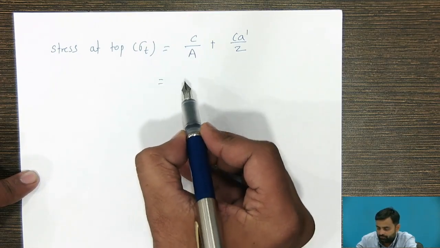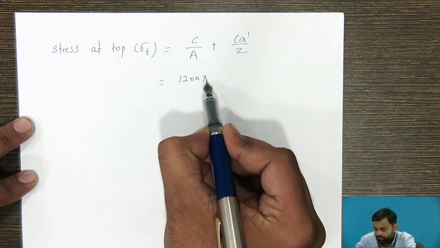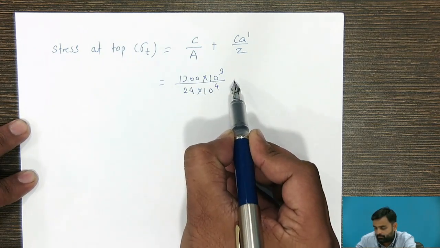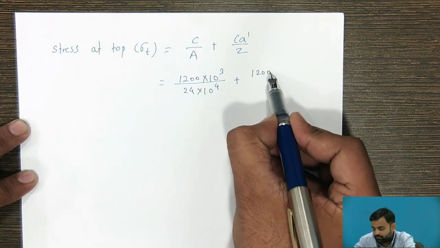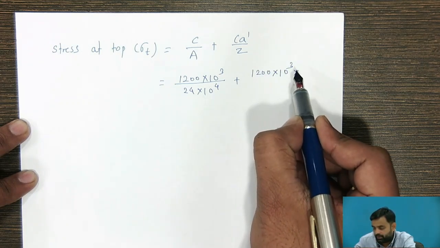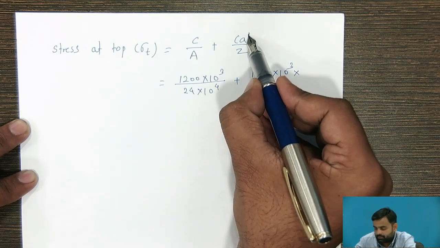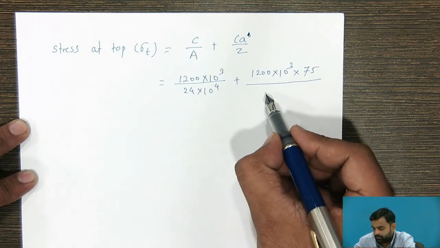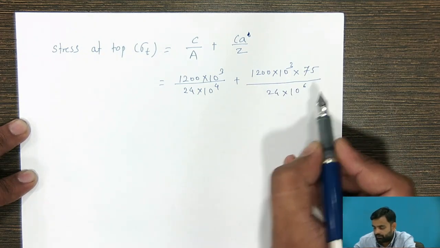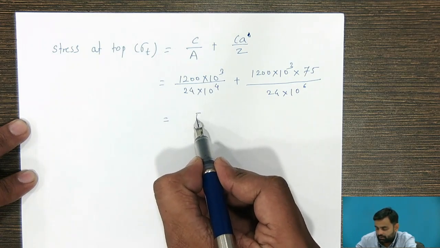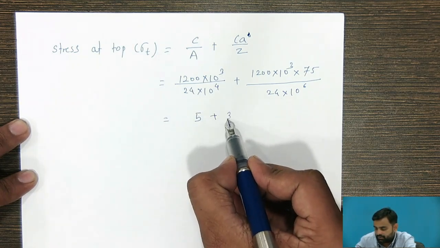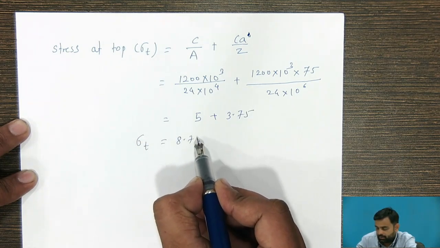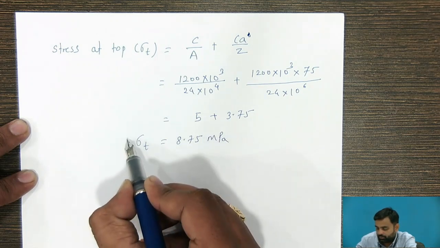If we put the values in the formula, it will be 1200 into 10 raised to 3 divided by area 24 into 10 raised to 4, plus again force into A. Here it is not A dash, it is A. A is 75, we have already calculated that value, and Z is 24 into 10 to the power 6. After solving this, we get this value as 5 and this value as 3.75. So stress at top, sigma T, is again 8.75 MPa, Newton per mm square.